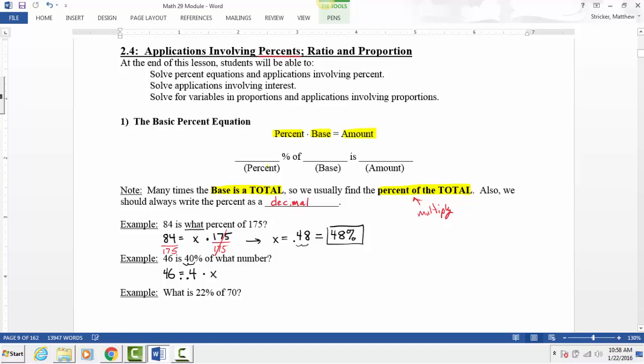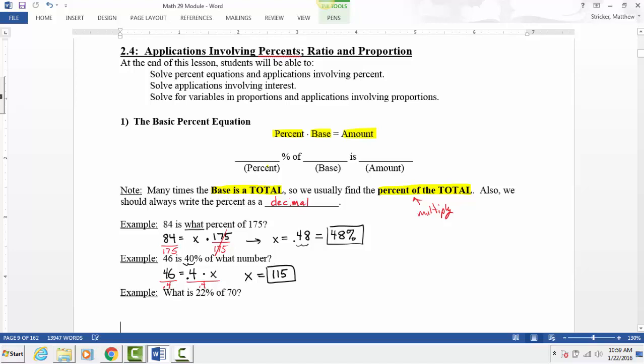So 46 equals 0.4 times x. And again, we want to divide. So this time we're going to divide by 0.4 on both sides. Again, try this in your calculator. 46 divided by 0.4 is 115. So we get x equals 115.